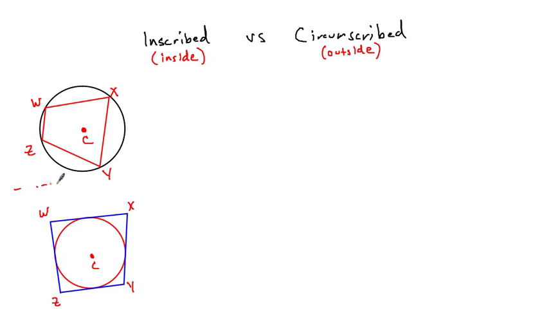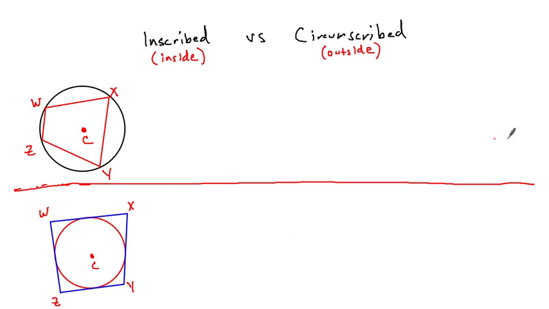And we're going to split this up. We're going to write four little statements. First thing we're going to write is about our polygon WXYZ.